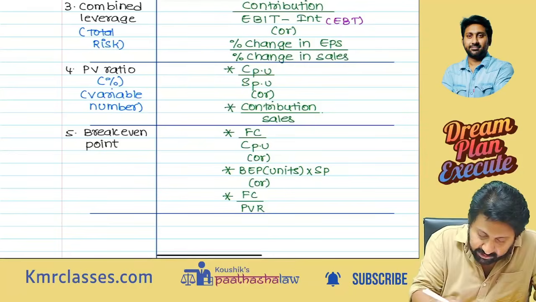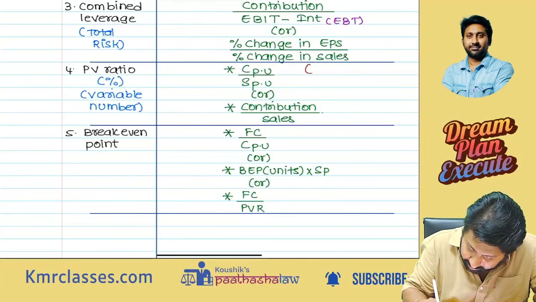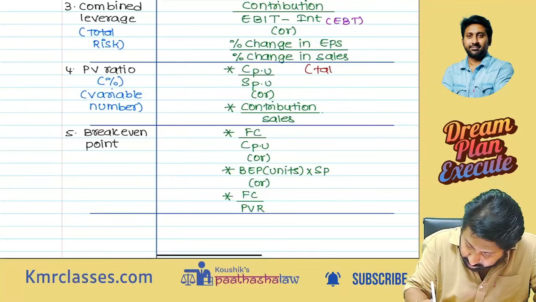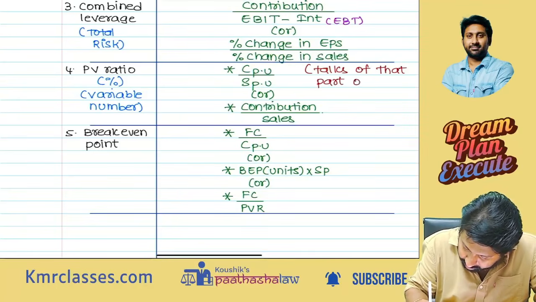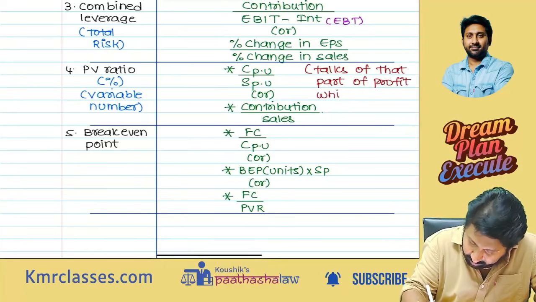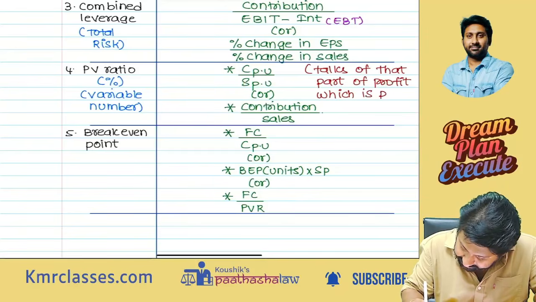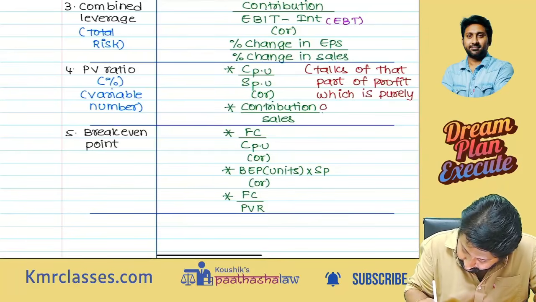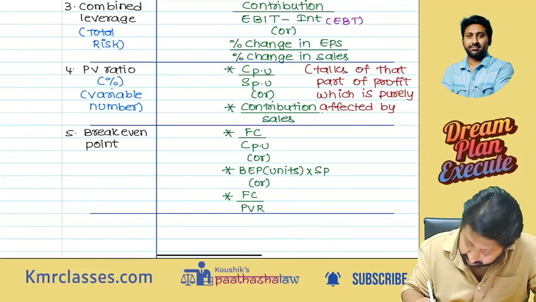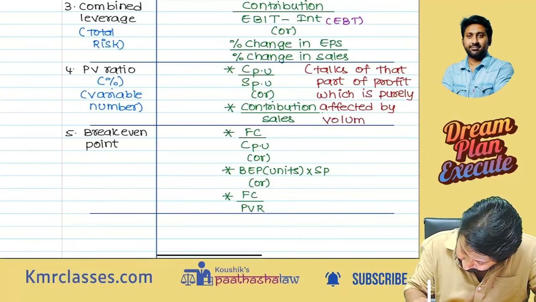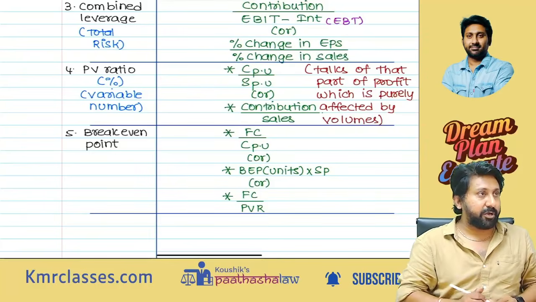So PV ratio talks of that part of profit which is purely affected by volumes.